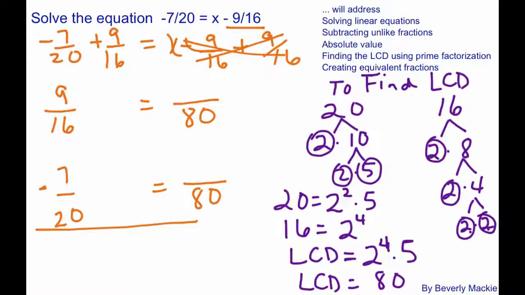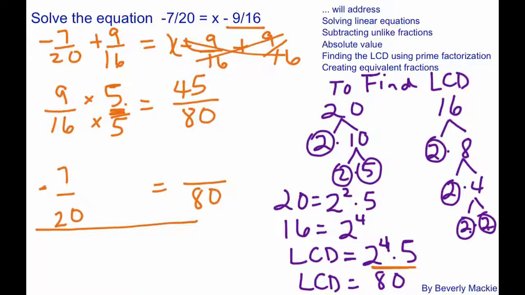Now my job is to create equivalent fractions. For 16, I ask myself, 16 times what will equal 80? It will be 5. We just did that. So 16 times 5 equals 80, and I will multiply the numerator by 5. So 9 times 5 is 45. Notice that what we have here is 5 over 5, which is 1. That's why it does not change the value.